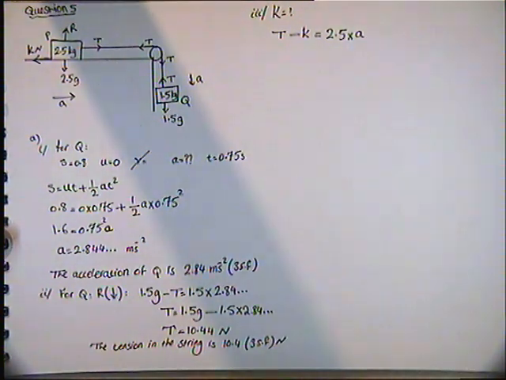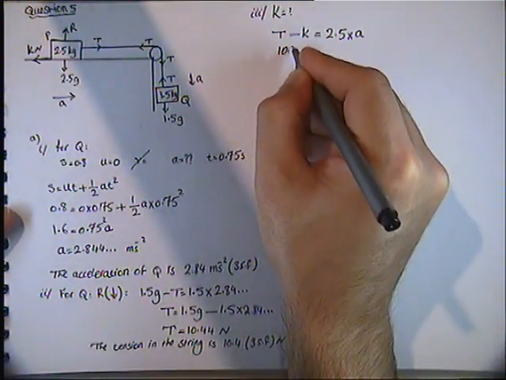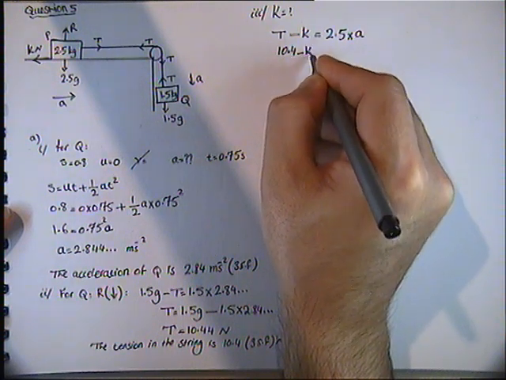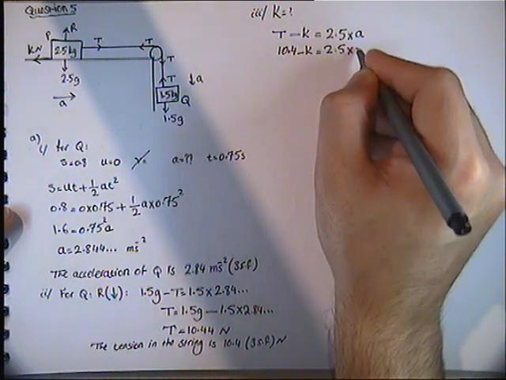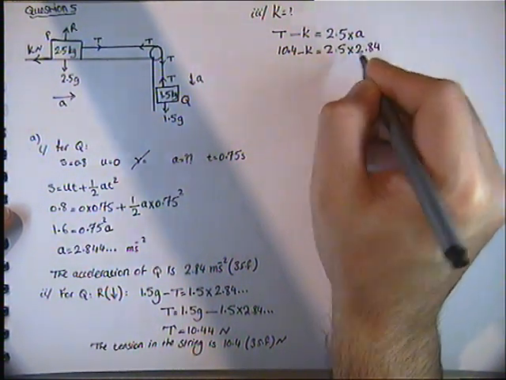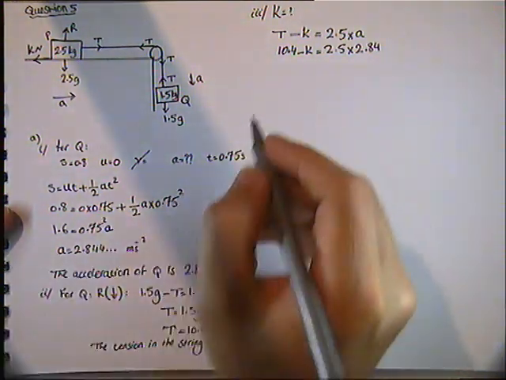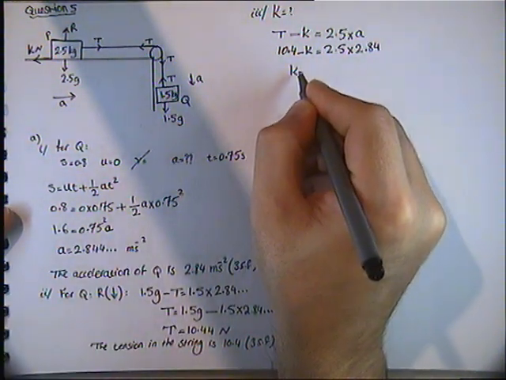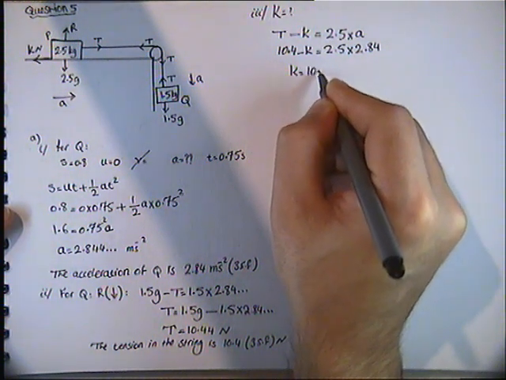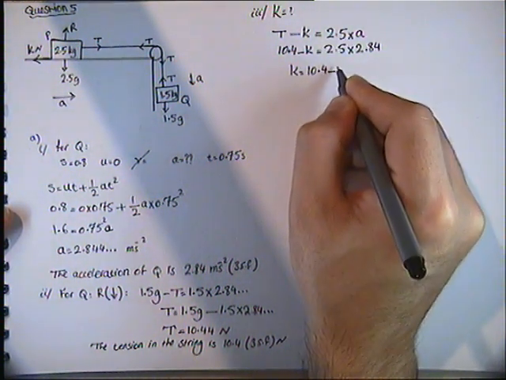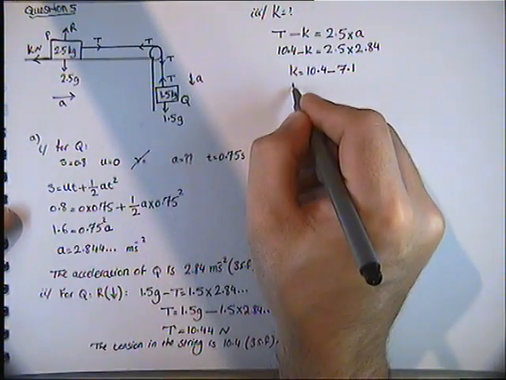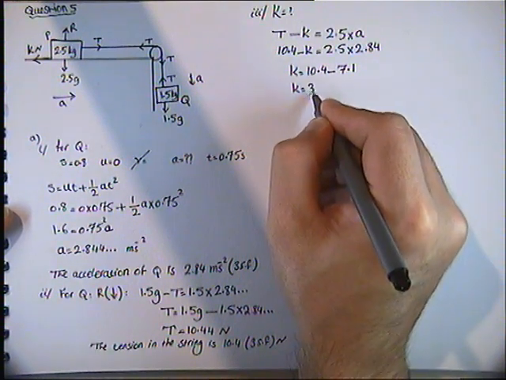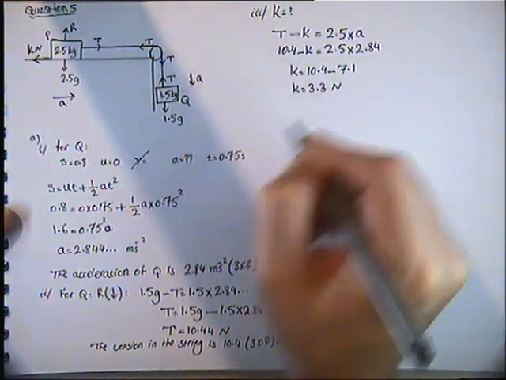We already worked out T and A. Just sub the numbers in. T is 10.4 minus K equals 2.5 times 2.84. K equals 10.4 minus 7.1. So therefore K is equal to 3.3 Newton.